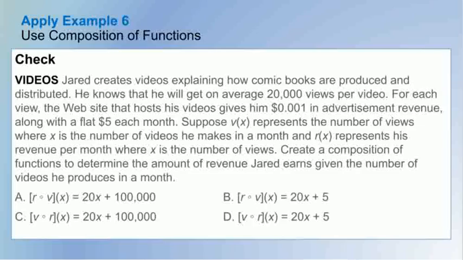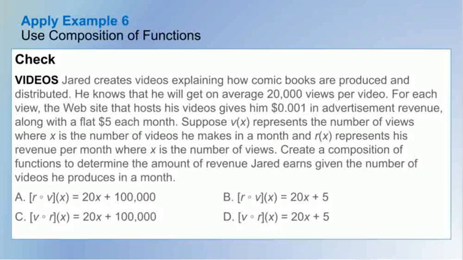And our very last one, Jared creates a video explaining how comic books are produced and distributed. He knows that he will get an average of 20,000 views per video. For each view, the website that hosts this video gives him $0.001 in advertisement revenue, along with a flat $5 fee each month.